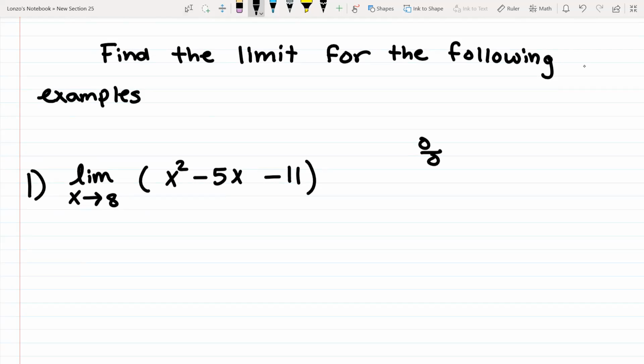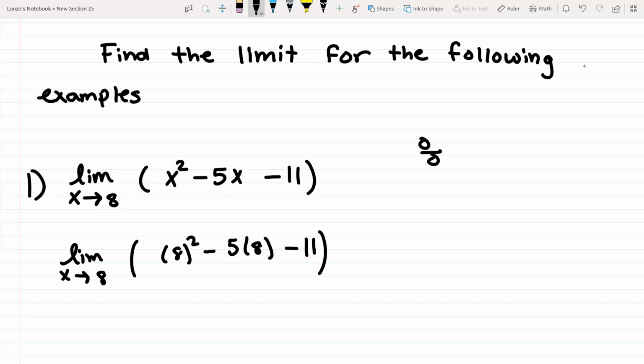So if you plug in 8 into the polynomial, okay, this doesn't give you 0. It actually gives you 13. So that's good. This one is an easy one because you just plug it in and you get a number. So our limit as x approaches 8 is going to be 13.